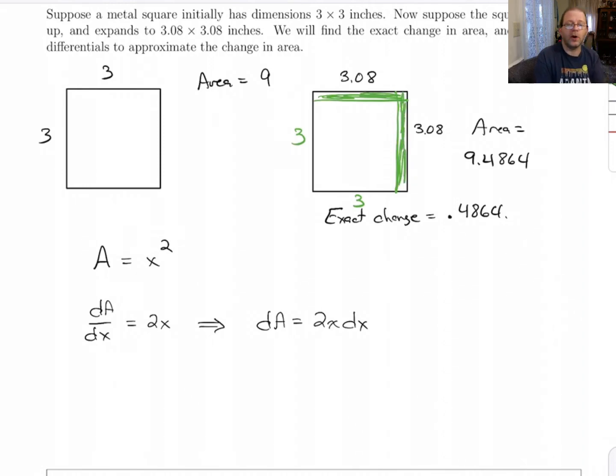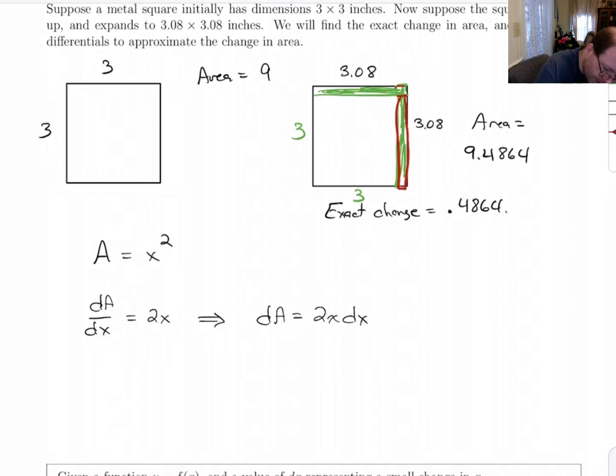If you look at those two parts, the areas of those two things, this rectangle here, I'm going to call this dx, and I'm going to call this up here dx. So dx is the change in the length.